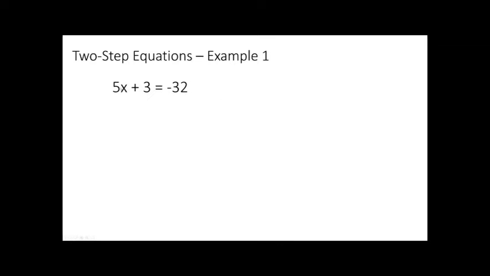Specifically, if I want to get rid of a times 5, my goal should be to turn it into a 1, because if it's a 1, I can use the multiplicative identity to get rid of it. If I have a plus 3, my goal should be to turn this to a plus 0, because if it's plus 0, I know that adding 0 doesn't do anything, and so I can use the additive identity to get rid of it.